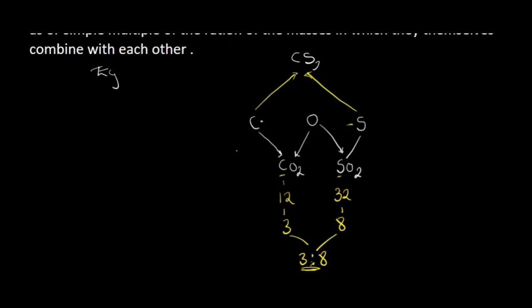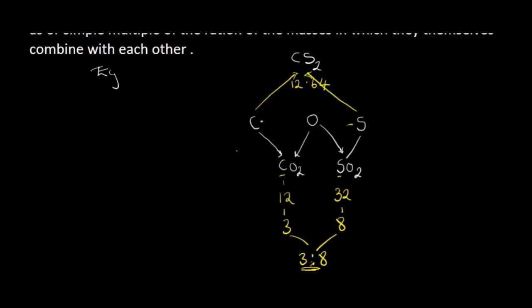CS2, carbon disulfide. When you look at the atomic mass of carbon here, it is 12. You look at the atomic mass of sulfur here. We have an atomic mass of 32 multiplied by 2. 32 by 2 is going to be what? 64.